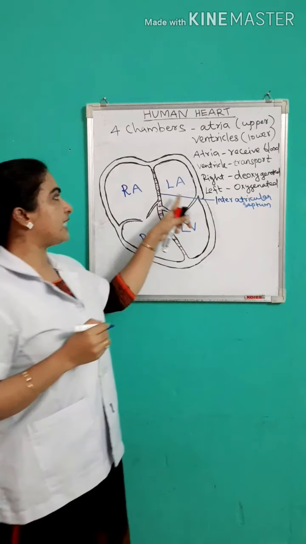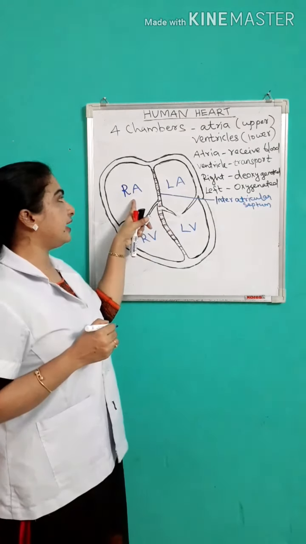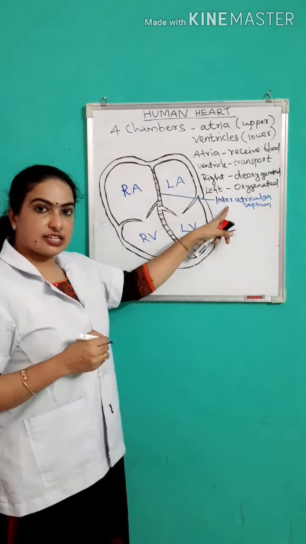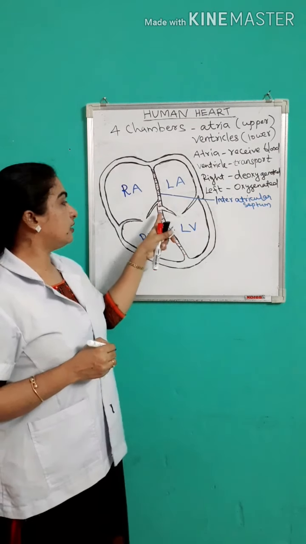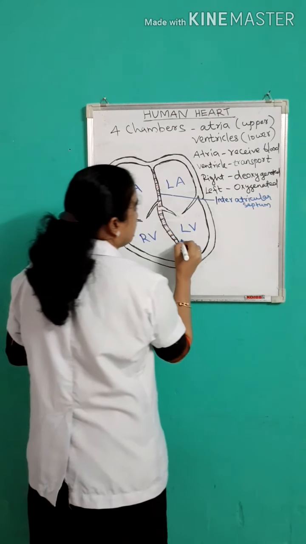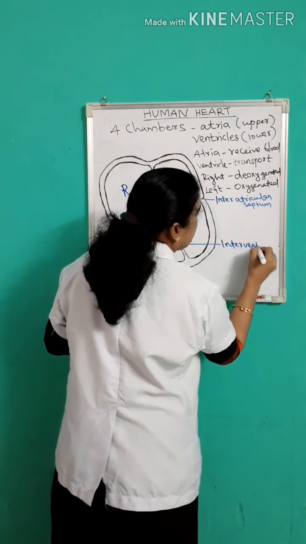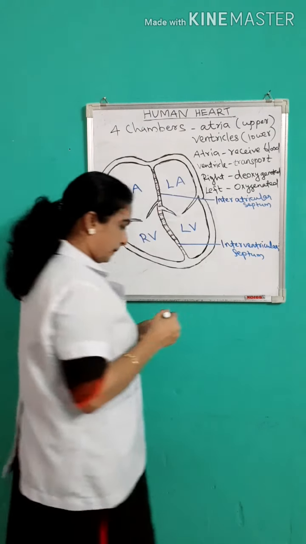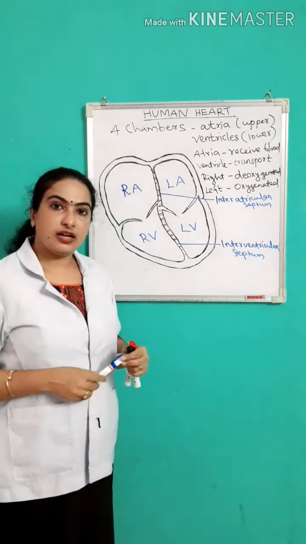So this is a part of the septum which separates the atria. Now we can see the right ventricle and left ventricle are also separated from each other by the part of the septum which is known as the interventricular septum. So these two septa separate the right and left chambers of the heart.